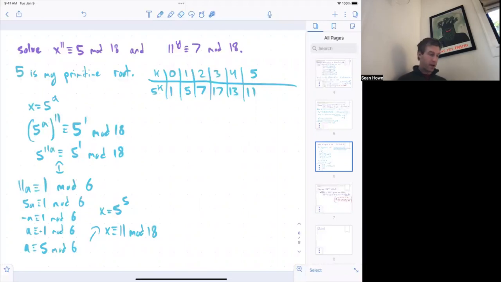I didn't do it beforehand, so we'll see if we screw up. It will actually be kind of hard to do, but I can reduce 11 to the 11 using phi of 18 is 6. That's the same as 11 to the 5th power, which is supposed to be 5 mod 18. Let me not try and do it.